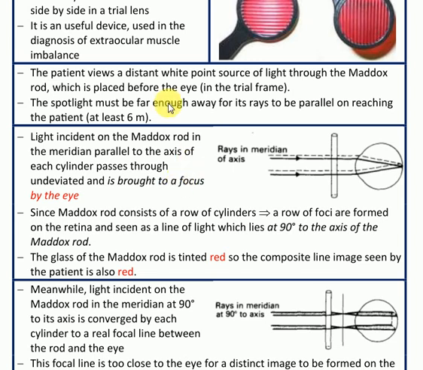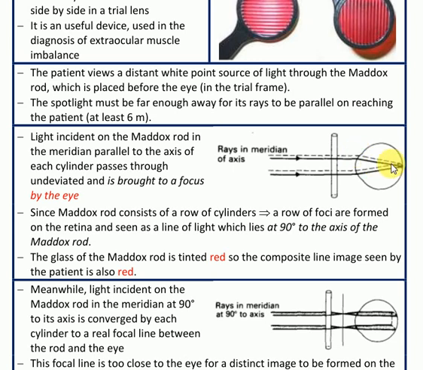As we know, light is incident on the maddox rod in two planes: in the meridian parallel to the axis and in the meridian at 90 degrees to the axis. Parallel to the axis, the rays pass undeviated, and at 90 degrees to the axis they are converged to form a line. The light which passes undeviated is brought to a focus by the eye, by the cornea and the lens.